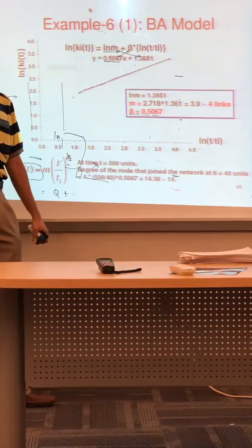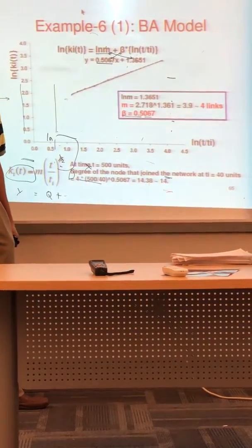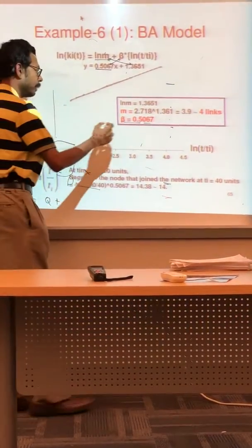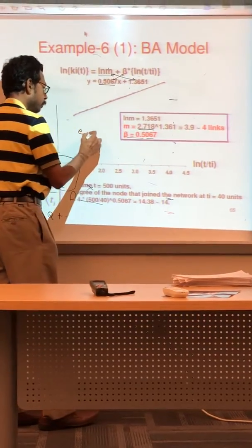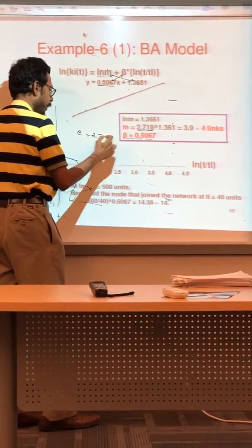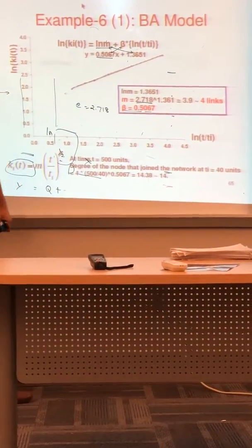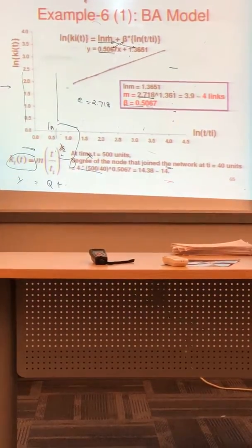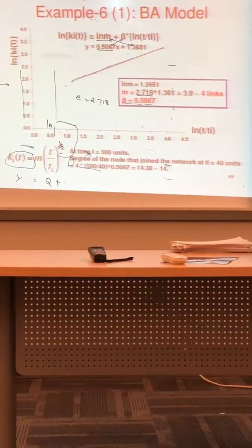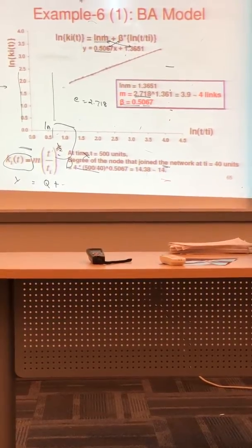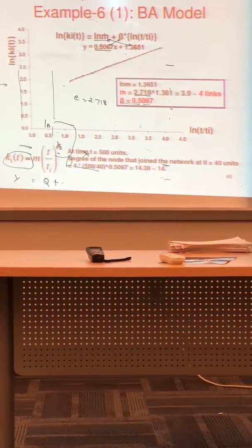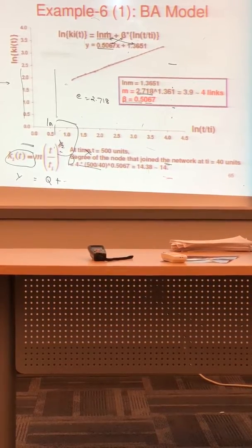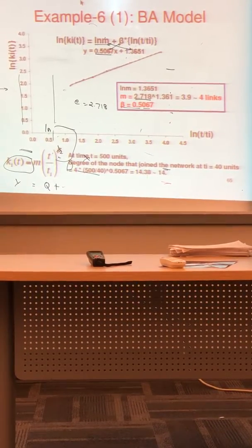If your calculator does not have an e option, or you don't know how to find e to the power something, you can use e as 2.718. So e to the power 1.3651 is the same as finding 2.718 raised to 1.3651. So that will come out to be 3.9. So it's always good to know the value of e.